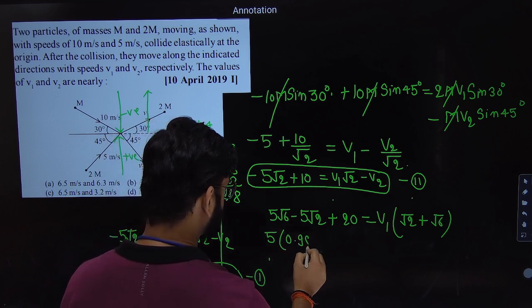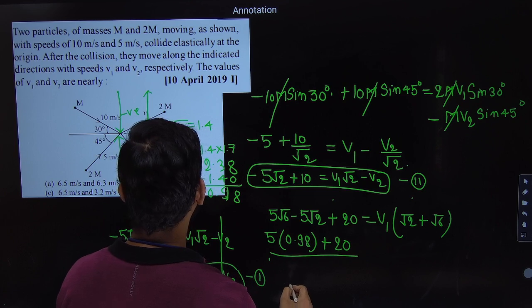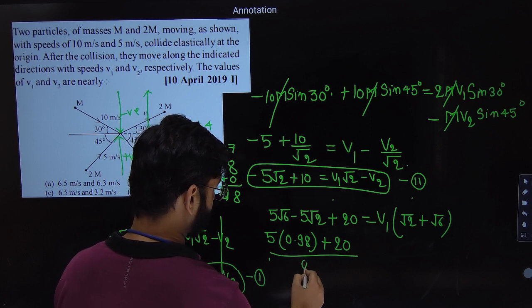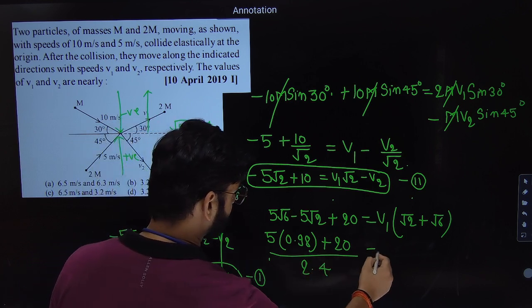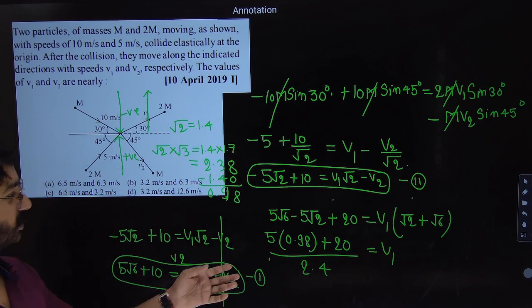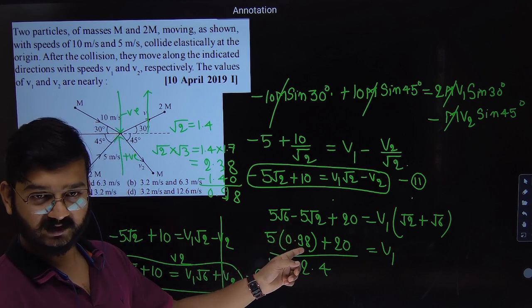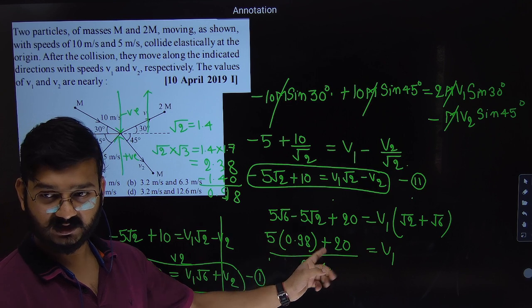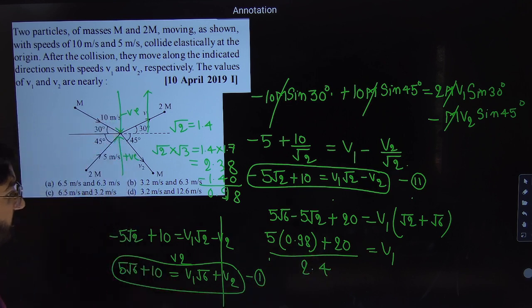So 0.98 plus 20 divided by root 2.38 is there now. I'm taking this as 2.4. Okay. So let's not do exact calculation. I will take this as 1, 0.98. So this becomes 5 plus 20, 25. 25 by 2.4. What should be the answer?